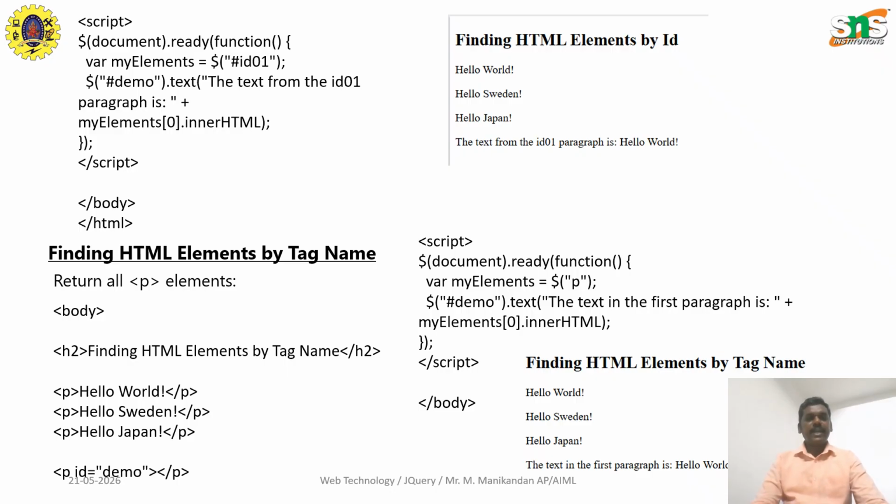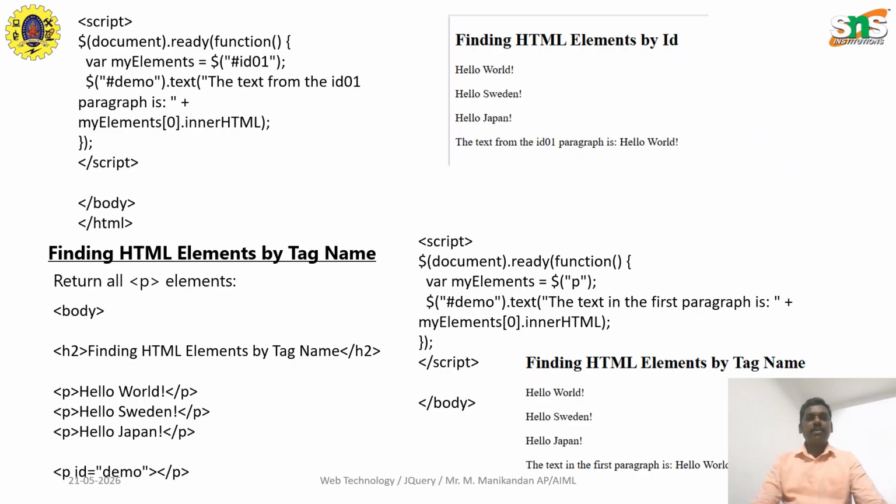So by myElement of 0 dot innerHTML, which specifies hello world, it will act as a paragraph tag, and in that ID we will have hello world.